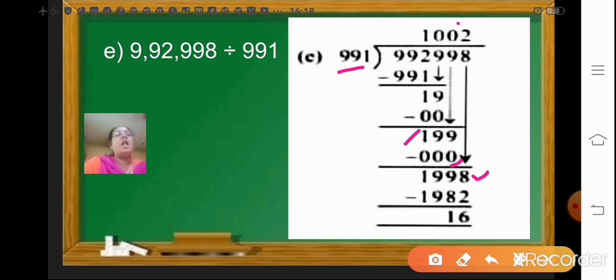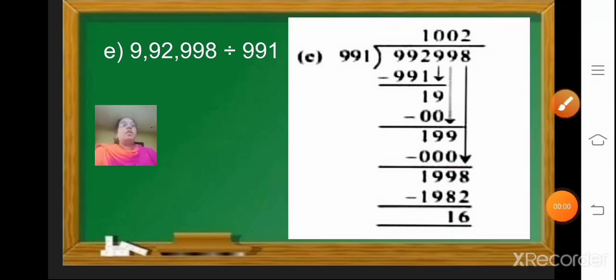1998. Now if you can do a guesswork, take this number 19 divided by this single number 9 and see 9 2s is 18, 9 3s is 27. So we will go for 2 times. So 991 into 2 will give you 1982. And when you subtract these two numbers, you will get the remainder as 16. Okay, so your quotient is 1002 and your remainder is 16.